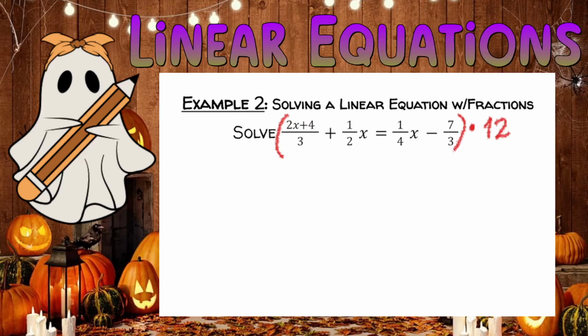Another thing you need to remember when doing this strategy is that when you are multiplying by this 12 and doing famous PEMDAS, you need to remember that PEMDAS is sort of a lie, and that you are allowed, and in this case I would even say encouraged, to divide before you multiply.